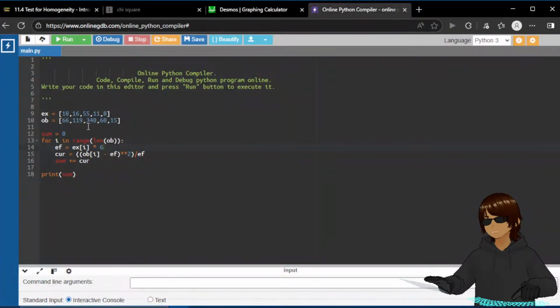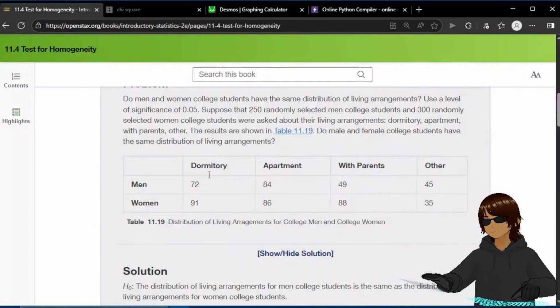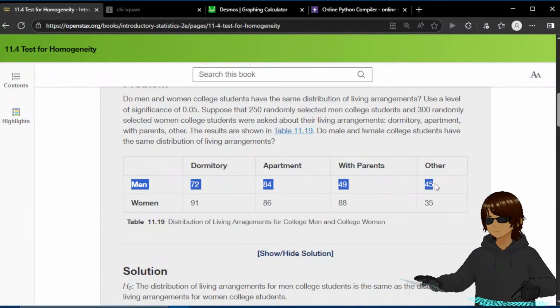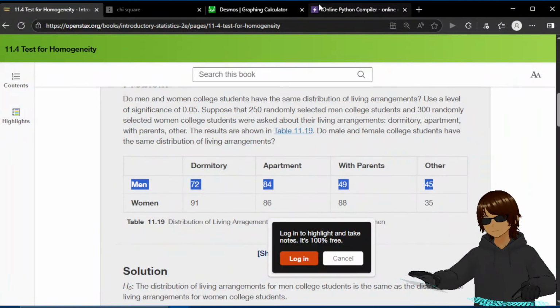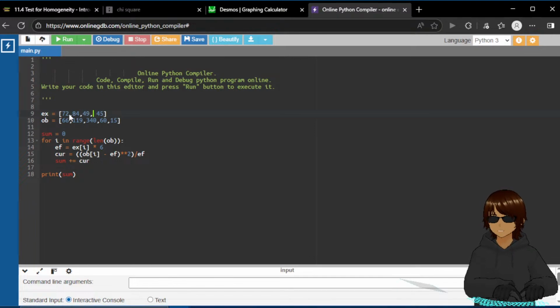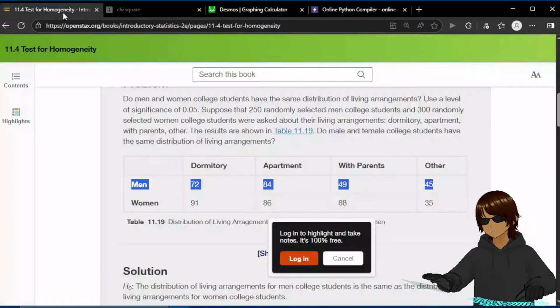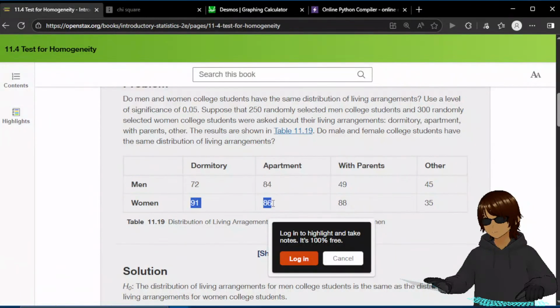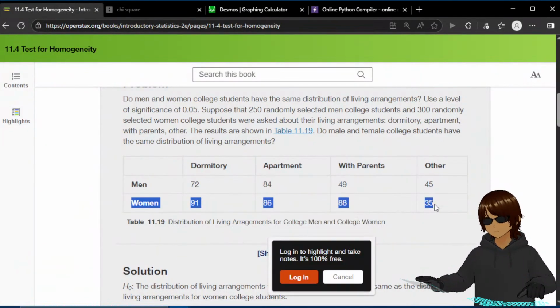Okay, wait, let's try that. 72. We will treat this one as expected.